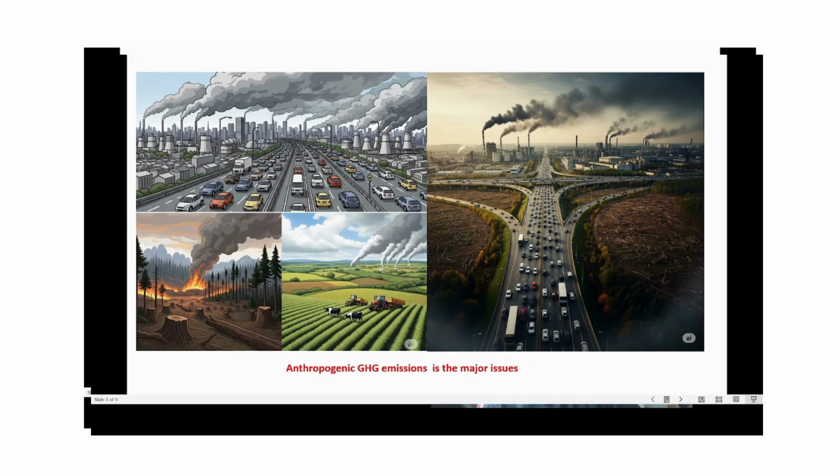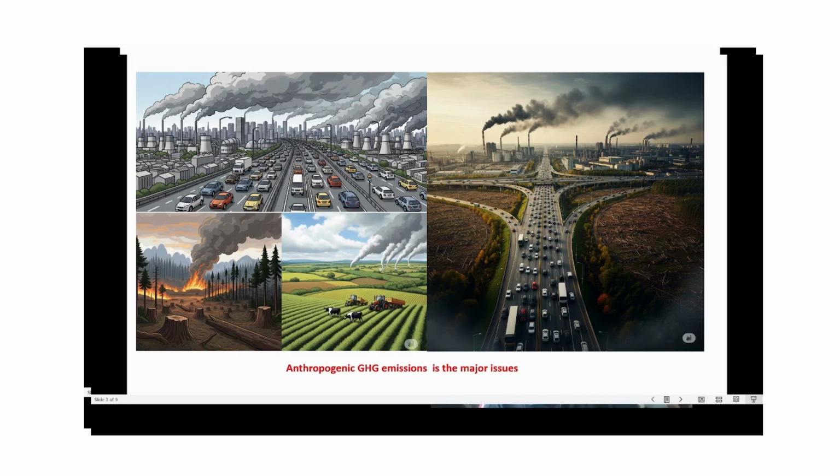Here we can see how anthropogenic activities generate a sufficient amount of greenhouse gases nowadays. Here anthropogenic emission means emissions due to human-induced activities. Here you can see automobiles, industries, then agricultural activities are generating a massive amount of greenhouse gases.